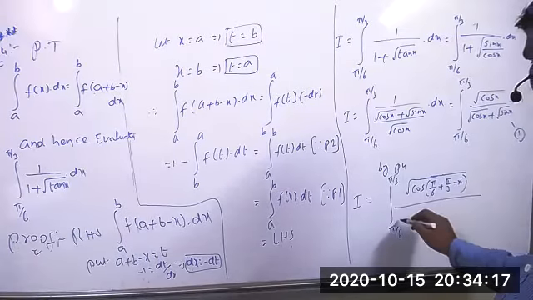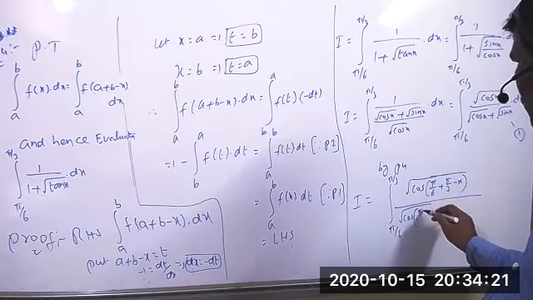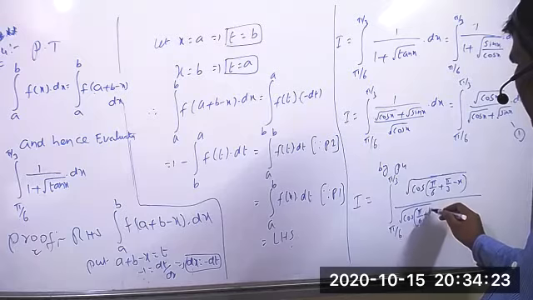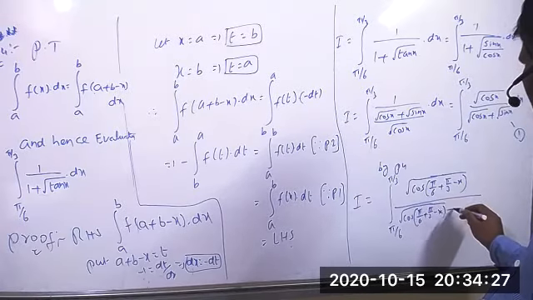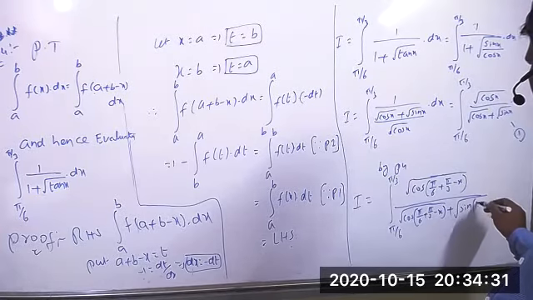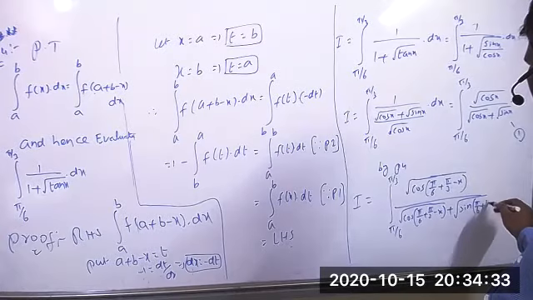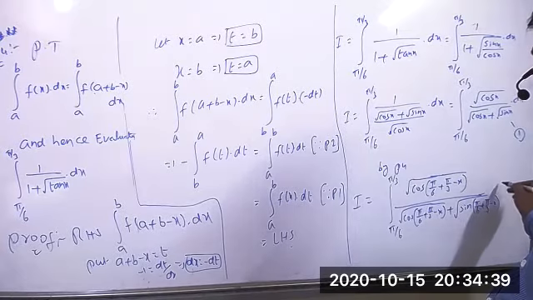Whole by root of cos of pi by 6 plus pi by 3 minus x plus square root of sin of pi by 6 plus pi by 3 minus x dx.